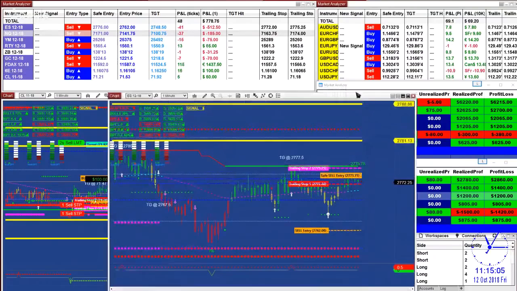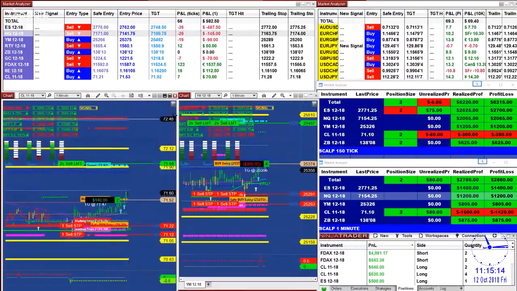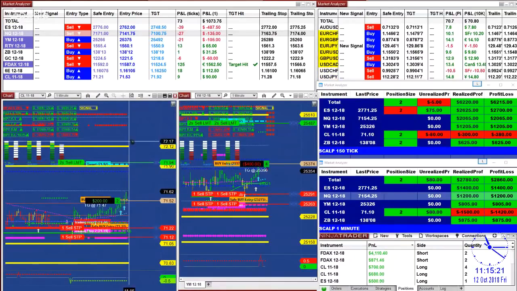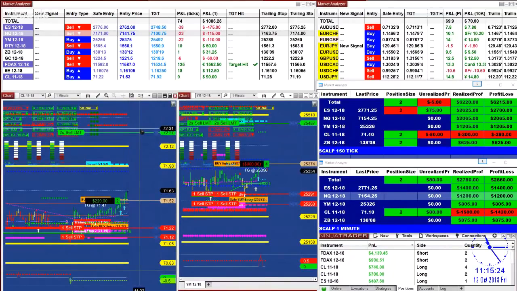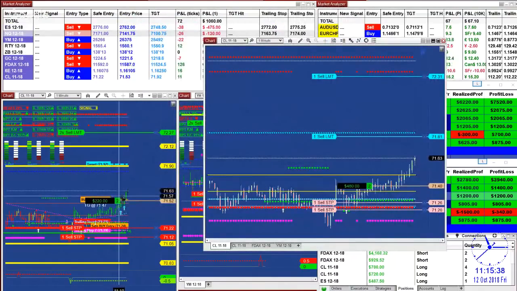It's not gonna go anywhere. Oh, okay. The CL took that trade. I'm sorry, I was covering the ES, and the target is 71.92. I always like to take the target up. As you see, I was a minute ahead of the auto trade signal.